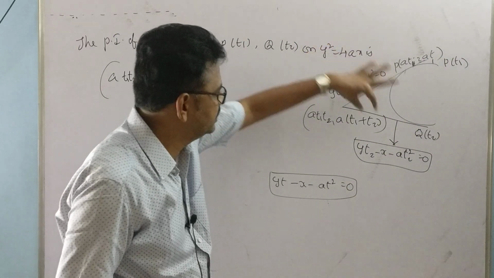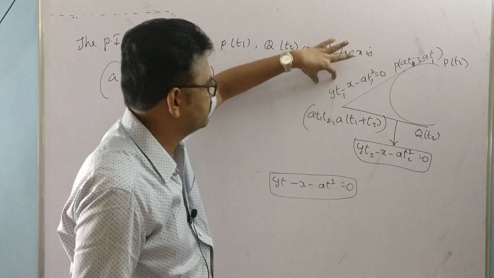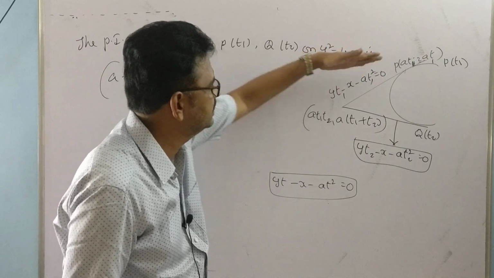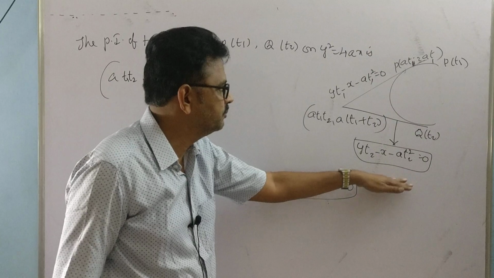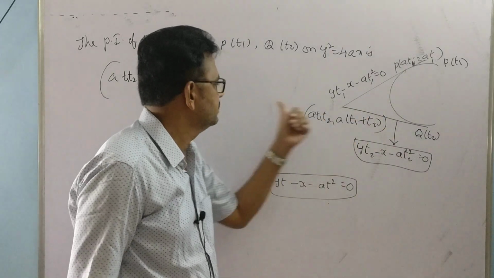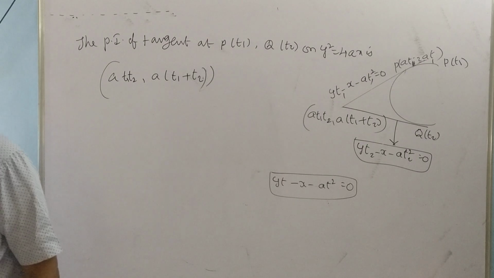By solving these two equations, simply by subtracting these two, you get y. Substituting the y value in any of these equations, you get x. So this is the general point, very simple to solve. So this is the point of intersection of tangents at t1 and t2.